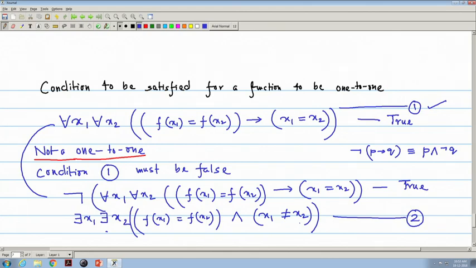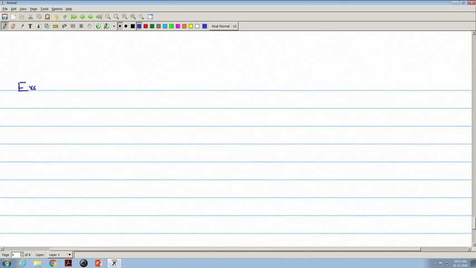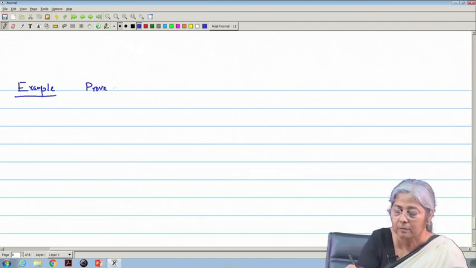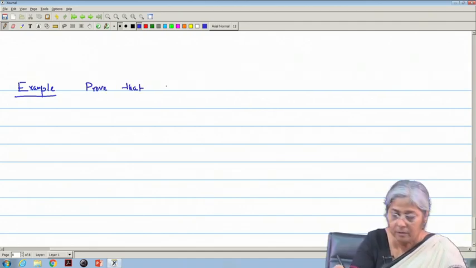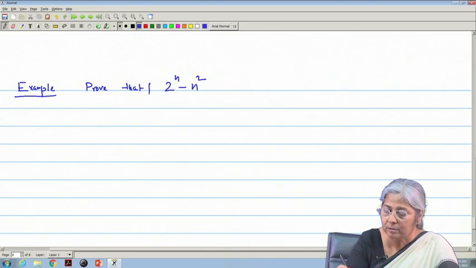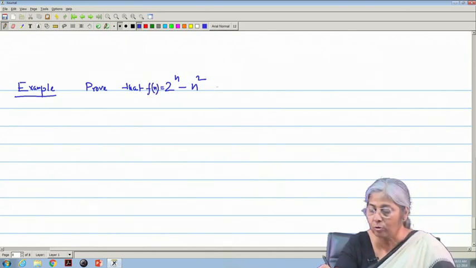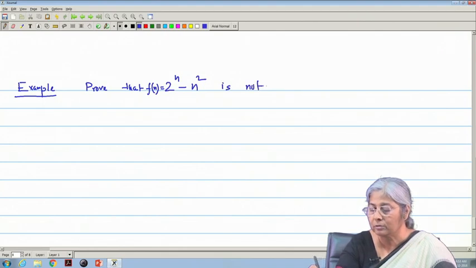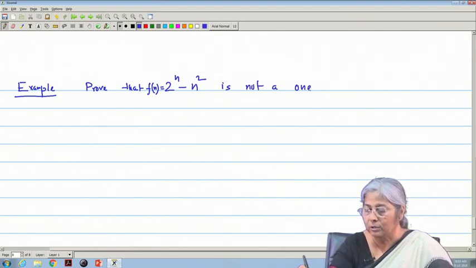So, if we take one example, say prove that f of n equal to 2 to the power n minus n square is not a 1 to 1.